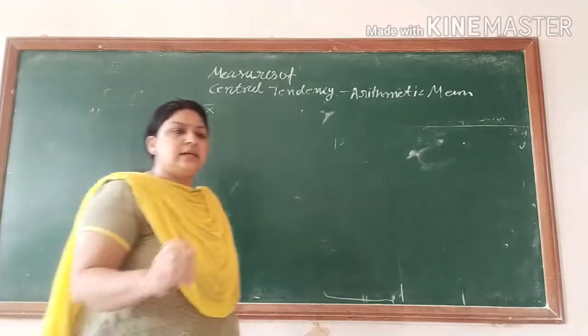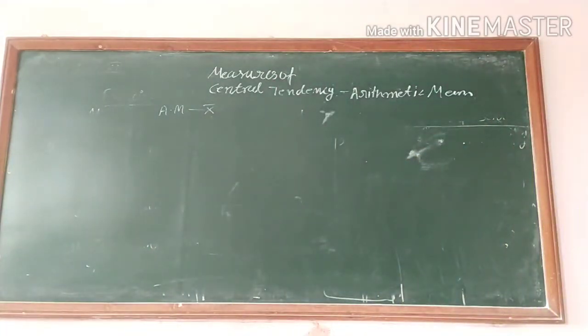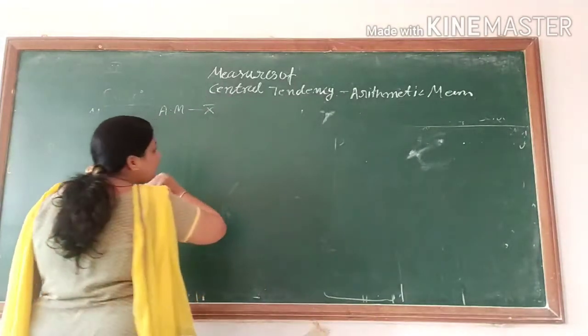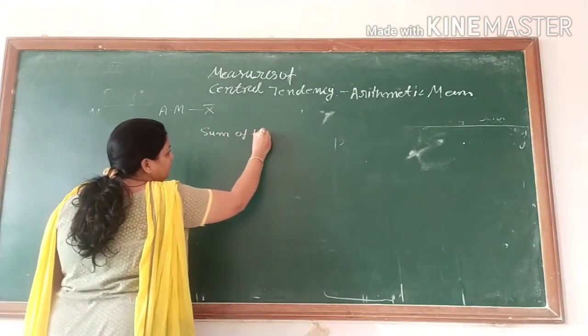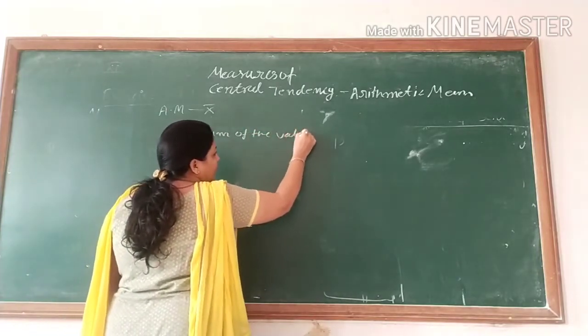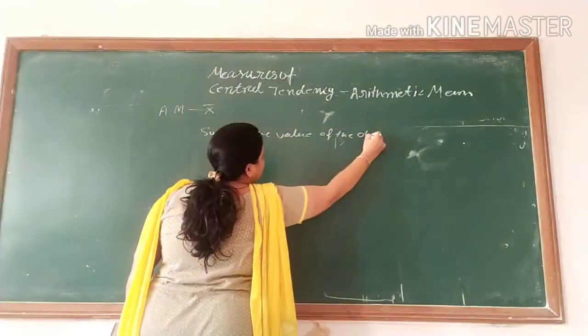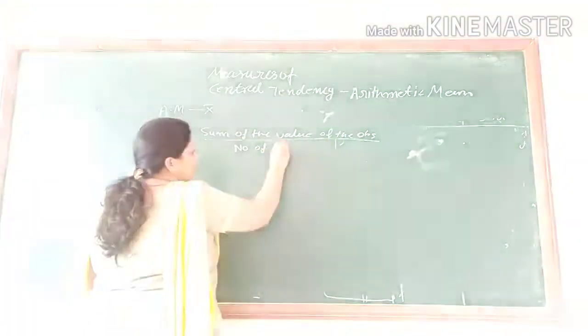Clear? What is the meaning of the arithmetic mean? The arithmetic mean is the sum of the values of the observations divided by the number of observations. It means sum of the values of the observations divided by number of observations.